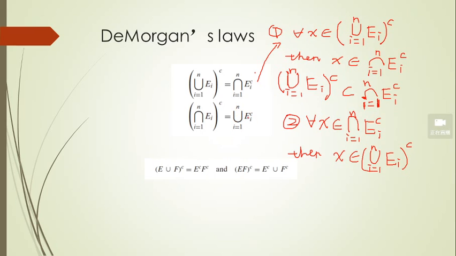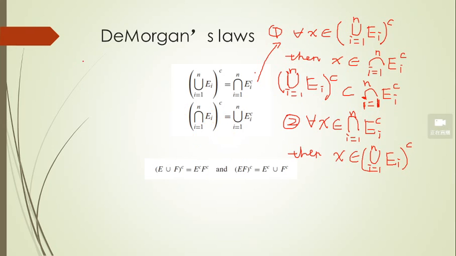This is also an event. And if you choose any outcome, any element x from the right side, that belongs to the left event. Then we prove those two notations denote the same event.